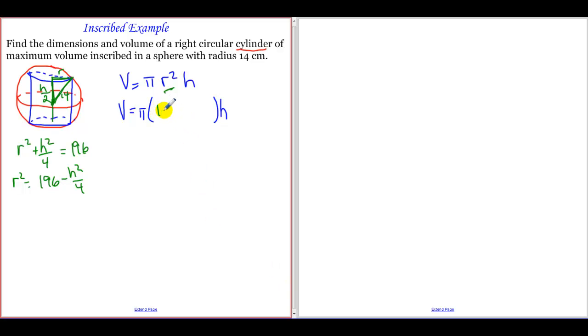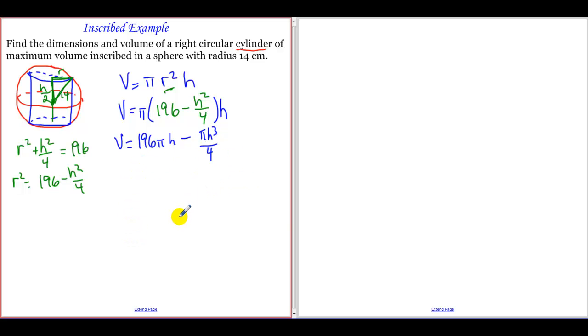R squared was 196 minus h squared over 4. Then I simplify that, and I'm going to distribute the pi in and the h in. Okay, so that's our volume equation.